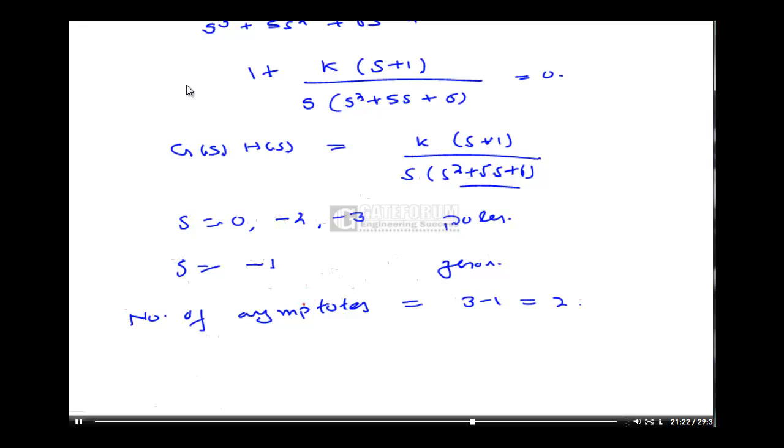The point at which asymptotes intersect the coordinate axis is called the centroid.